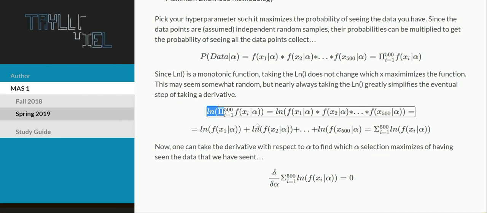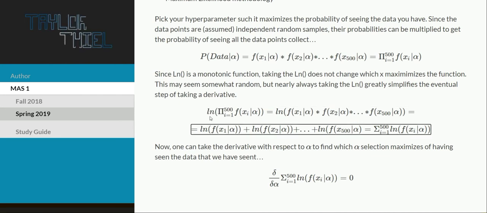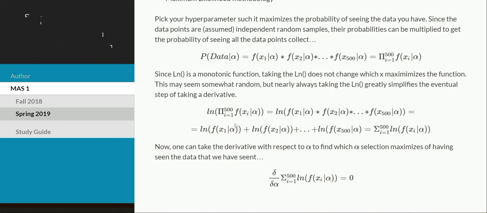So I'm going to take the natural log of this with the end result of us taking its derivative. But what's nice is when you take the natural log of the product of these PDFs, you can break those out. The natural log of a times b is equal to the natural log of a plus the natural log of b. And so that's why we can break it up here. And now we get to move from the product to our more familiar summation, that's sigma.